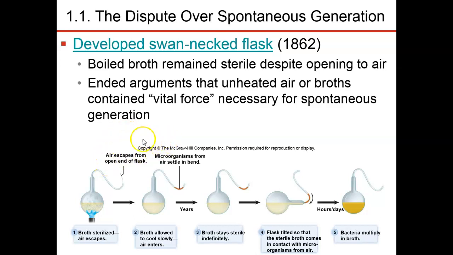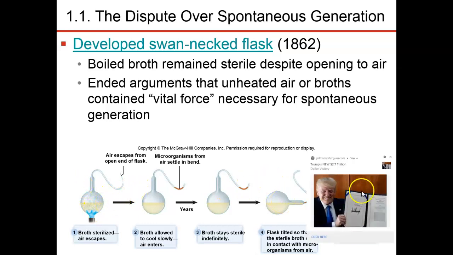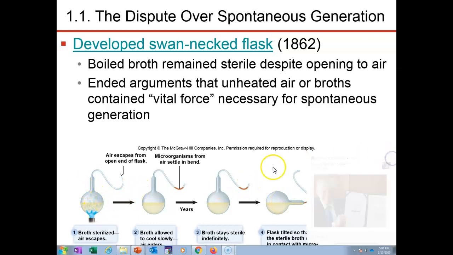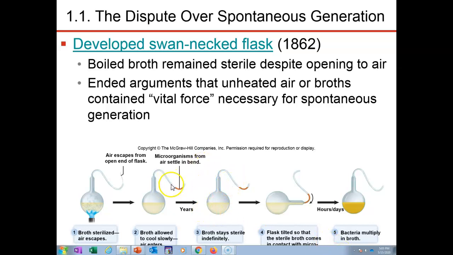Hey everybody, welcome back. So we had just finished talking about how Louis Pasteur developed the swan neck flask and how the flask allowed air to get in but kept bacteria from being able to get into the broth. And so once you boiled the infusions, the broth could be set for years and years.